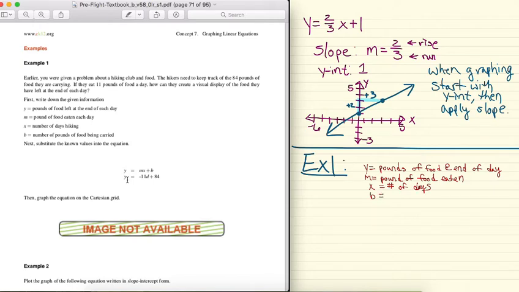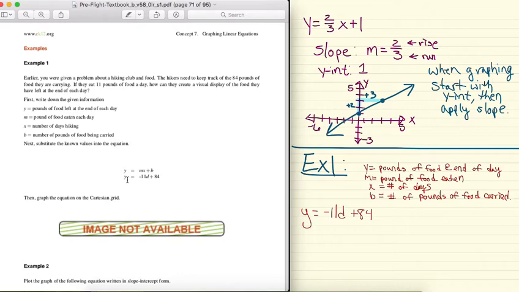And b is the number of pounds of food being carried. Now, it says we get the equation when substituting our numbers in of negative 11d plus 84. And it says graph the equation on the Cartesian grid. I don't know why the image didn't save on this PDF, but it's not here, but that's okay. We're going to go through this ourselves.